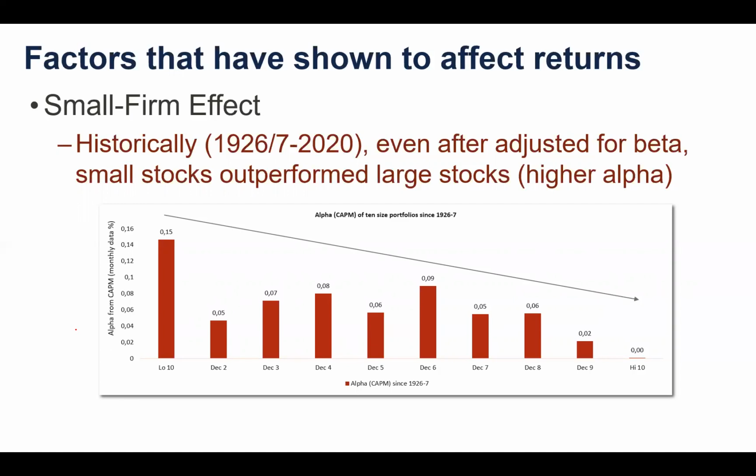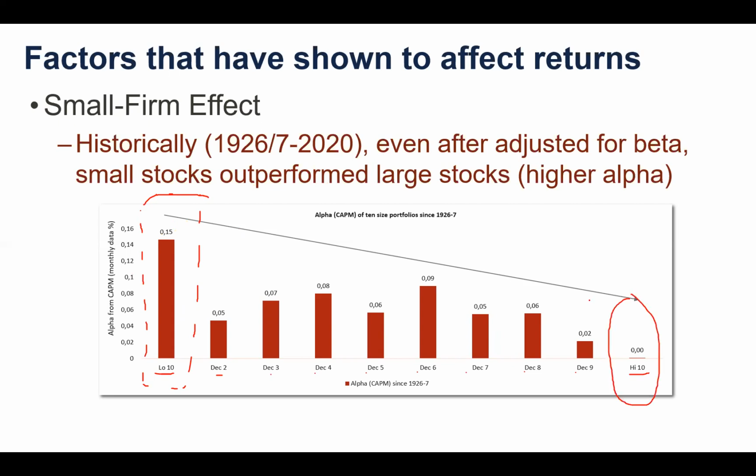Here we have 10 portfolios sorted by size: this side is large stocks, this is small, and size is increasing in this direction. We can see here from 1926 to nowadays, even after adjusting for beta, these are alphas, clearly the small stocks beat large stocks.